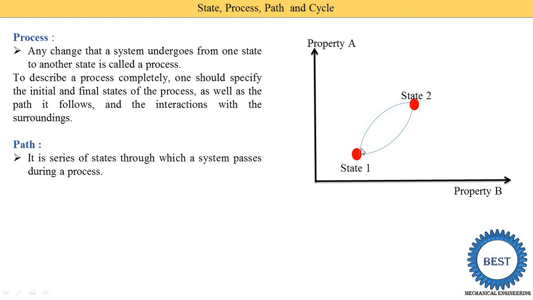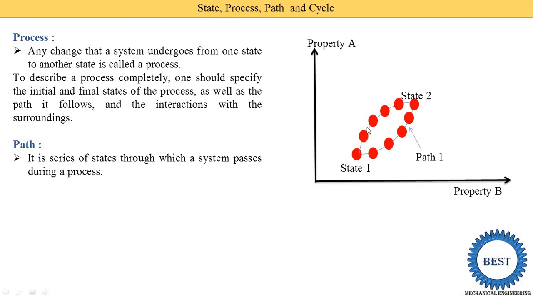Now suppose the system follows, or process 1 to 2 follows, this series of states. Here in the definition you see that a series of states is mentioned. So this process 1 to 2 passes through these different states, or a series of states. This process 1 to 2 occurs through path 1, or the process 1 to 2 is also carried out by using this path.